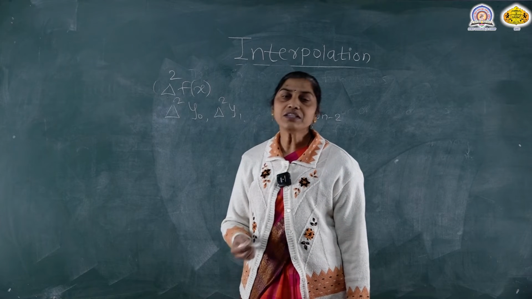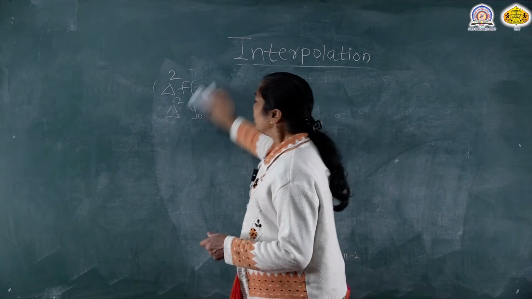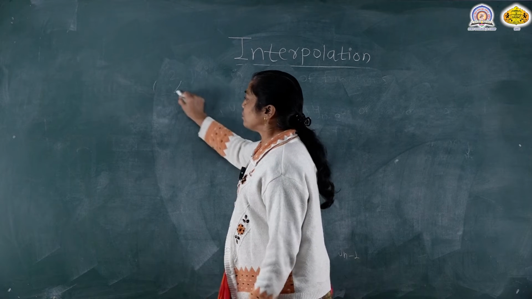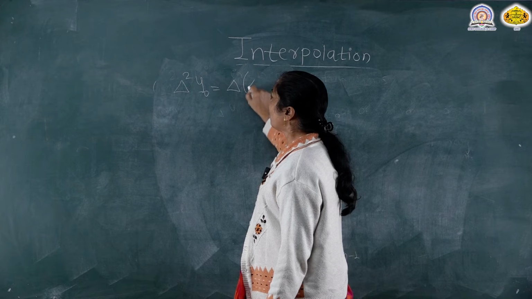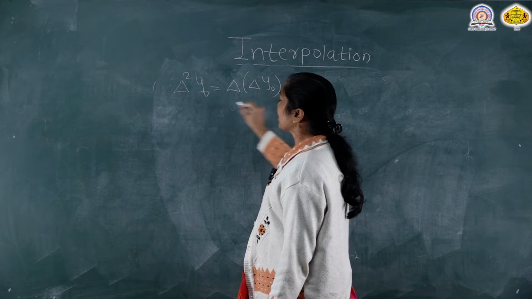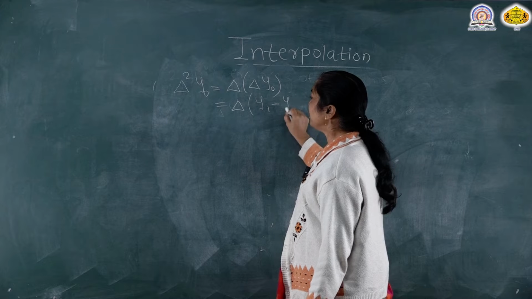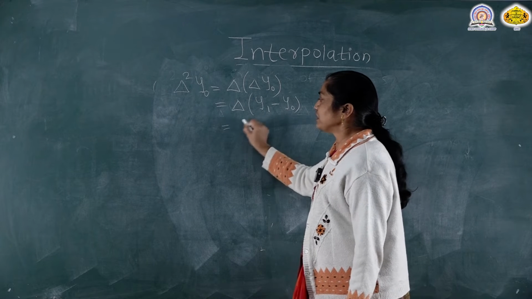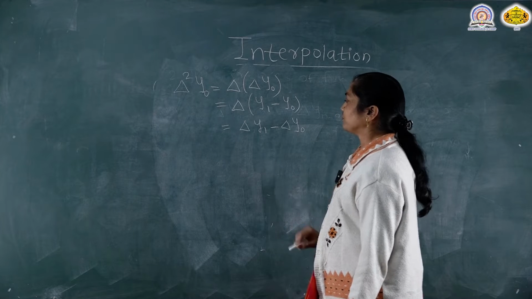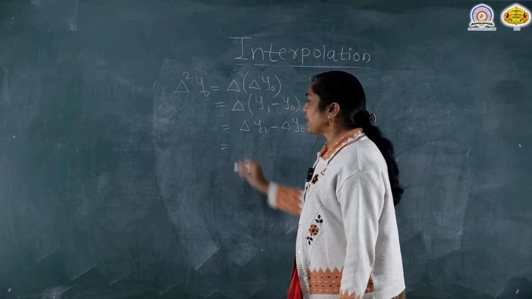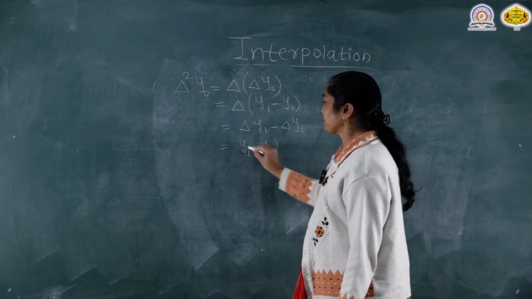You can continue this and we will get third, fourth, etc. forward differences. So what is this delta square y0? It is nothing but delta of delta y0. What is delta y0? It is nothing but y1 minus y0. So this is nothing but delta y1 minus delta y0. But what is delta y1? It is nothing but y2 minus y1.